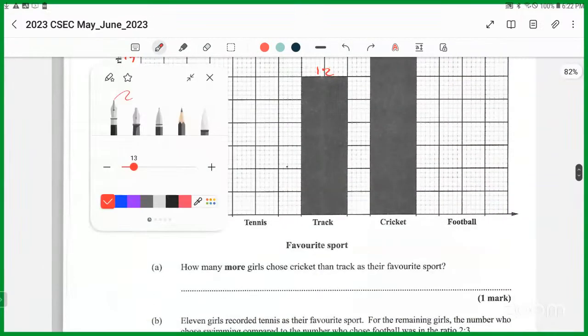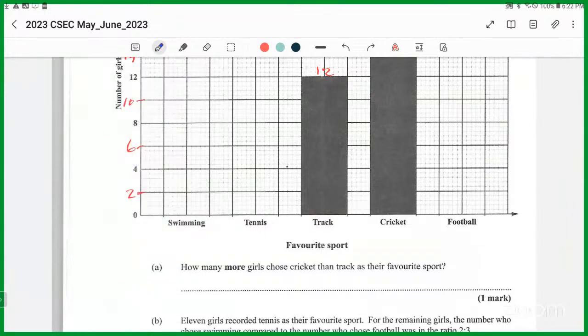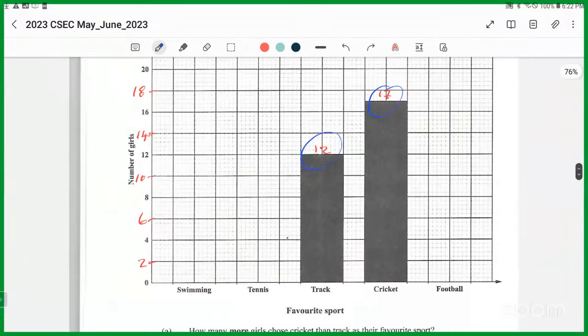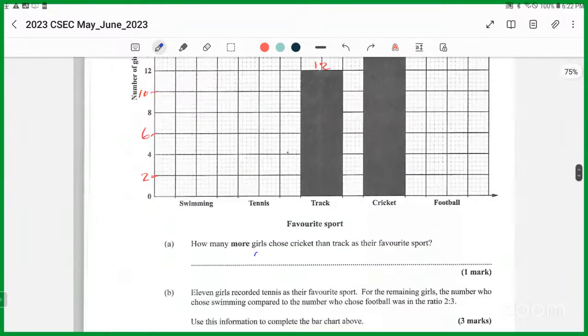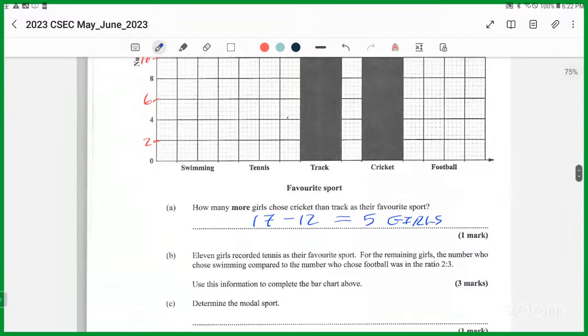The question says, how many more girls choose cricket than track? That's 17 minus 12. That's 5 girls more.